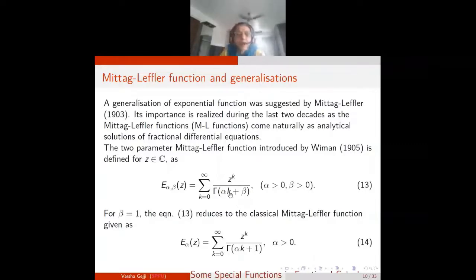So when beta is equal to 1, you have expression given in 14, z to the power k upon gamma alpha k plus 1, which is a generalization of exponential function. When alpha is 1, this is gamma k plus 1, which is k factorial. So this is summation k going from 0 to infinity z to the power k upon k factorial, which is exponential of z. So it is a generalization. And this E alpha comma beta is a 2-parameter generalization.